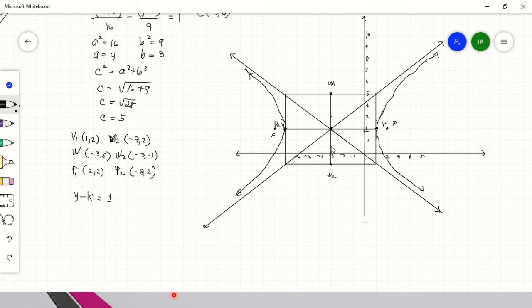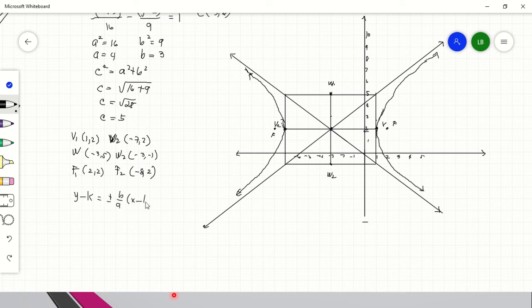Ang ating hyperbola ay opens to the left and to the right. So, therefore, ang formula natin ay b. Ito yung ating a. Ito yung b. Rise over run. So, b over a.